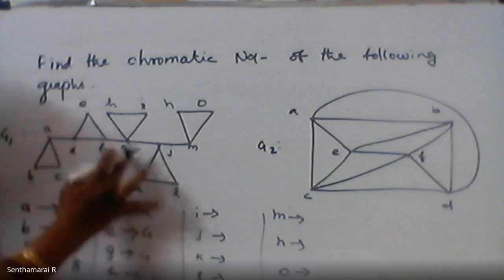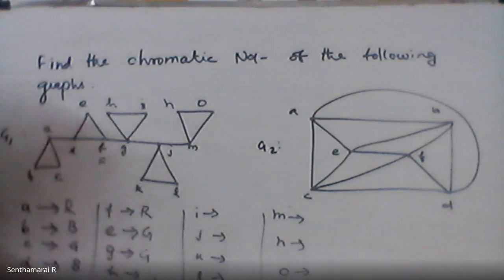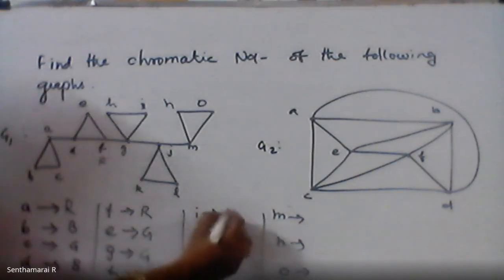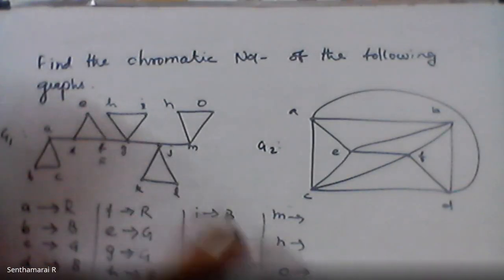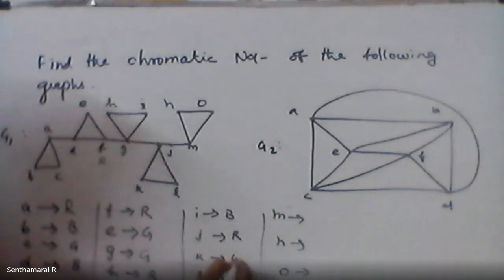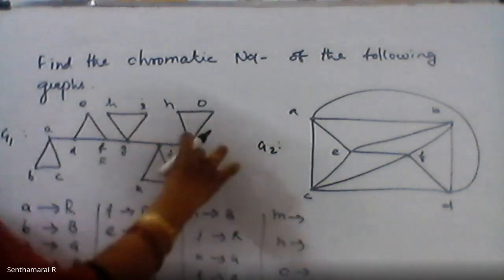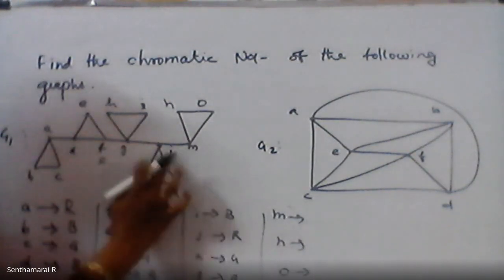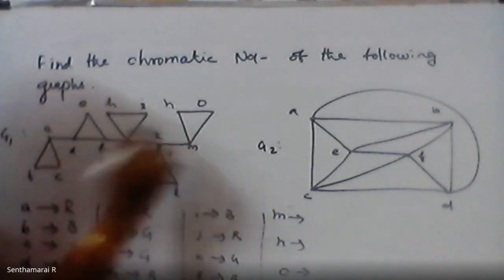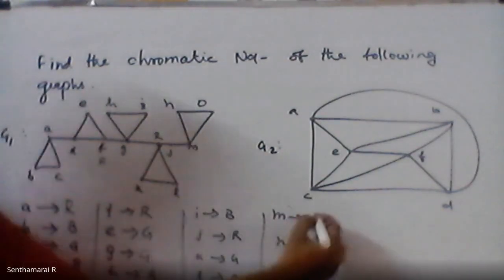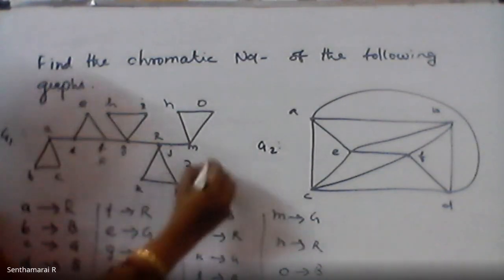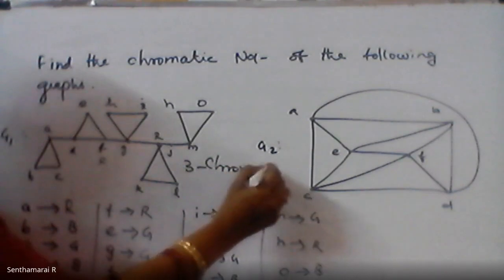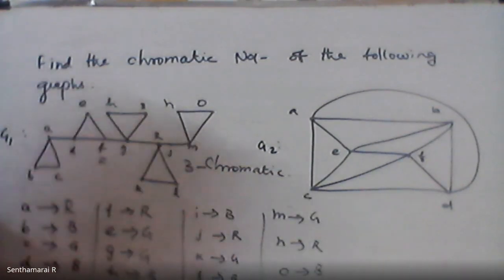Once I fix G here, I can use red and blue. I used blue here, so I cannot use blue and green here, so I can use red. Red here, I can use green and blue. Then for M, I cannot give red, because already I marked red here, so I can use green. Red, blue. This is three chromatic. The graph G1 is three chromatic.